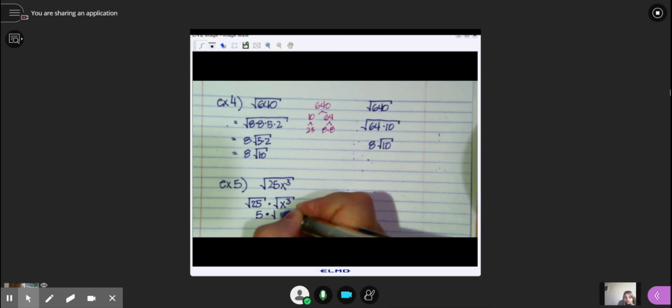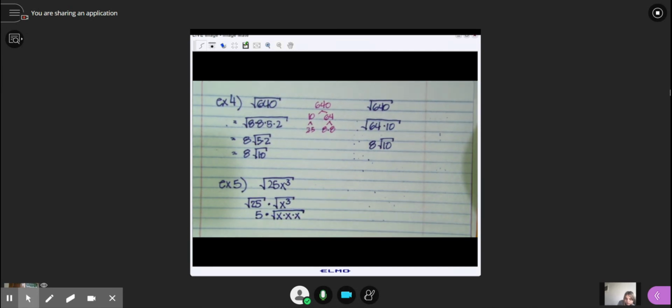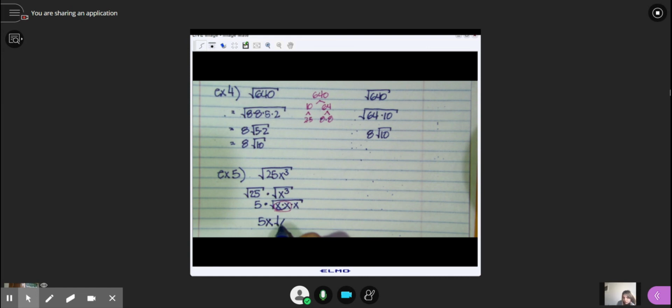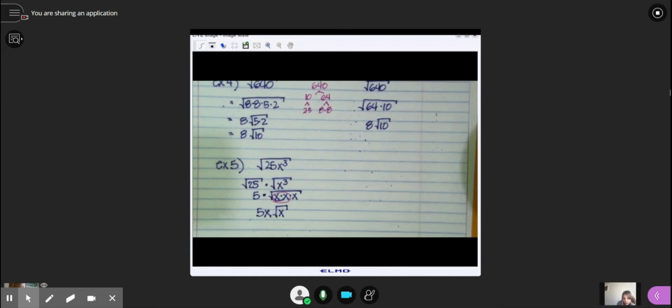X to the third is x times x times x. Remember, if you have a pair, you can pull it out. Since I have a pair of x's, I can pull one outside. Not x squared, because a pair inside means one outside. So it would just be 5x square root of x.